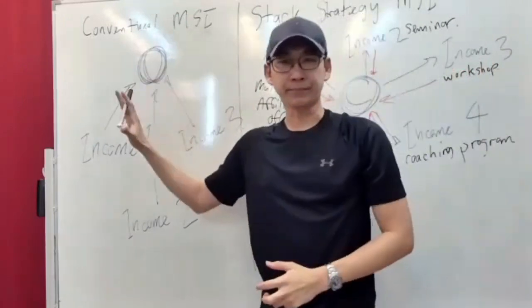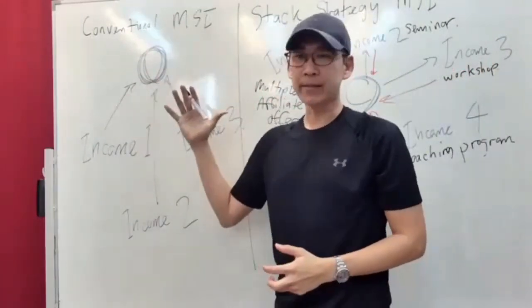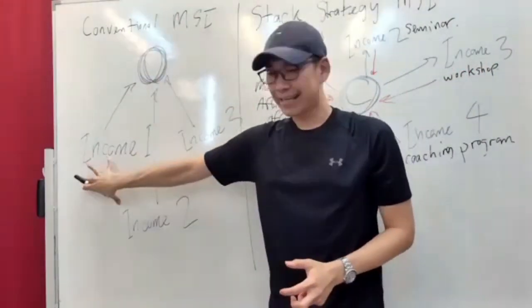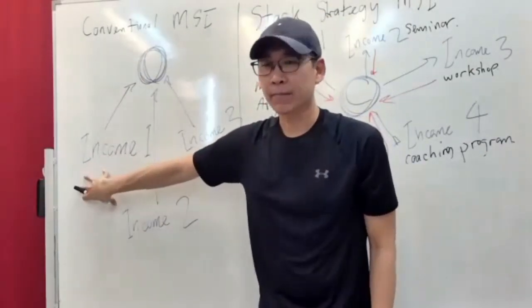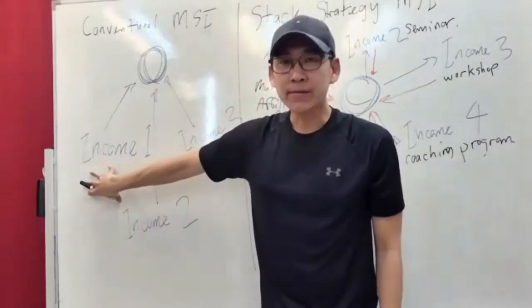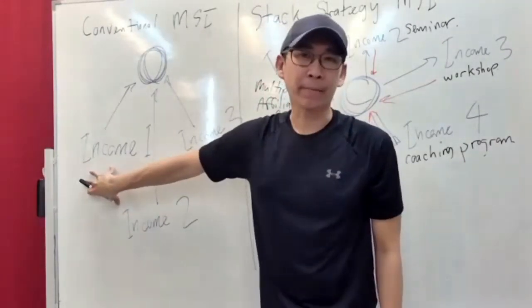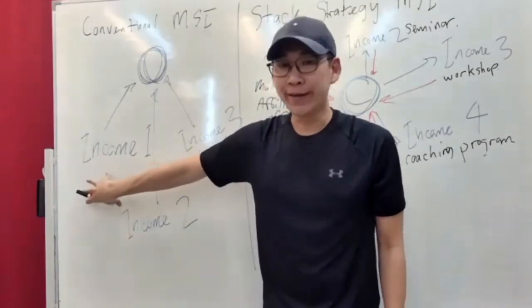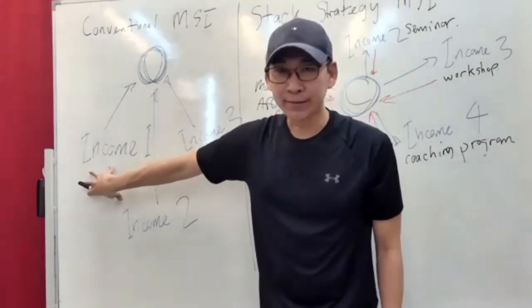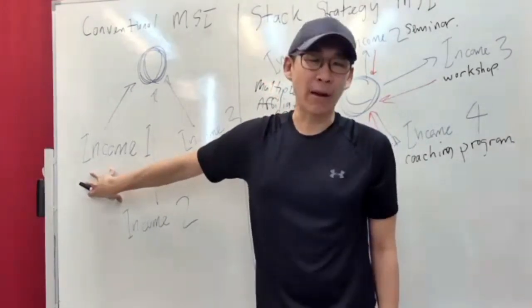Whereas in the conventional MSI, if I want to make a new income stream, I've got to find the prospects. Once I found the prospects, I still need to educate them. After I found the prospect and educated them, I need to convince them that I'm the real deal, which means I need to build rapport and trust with them.